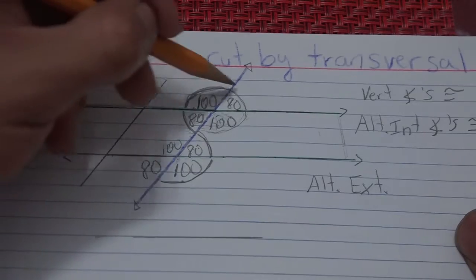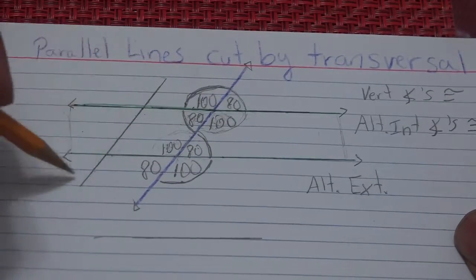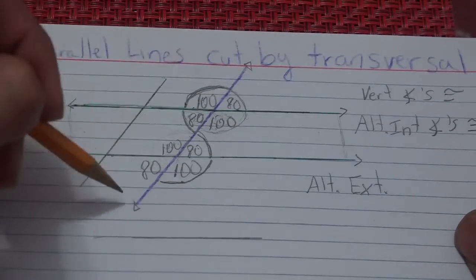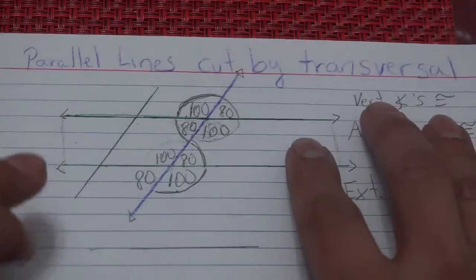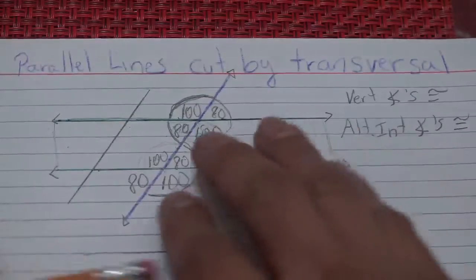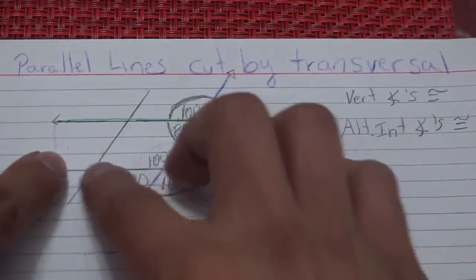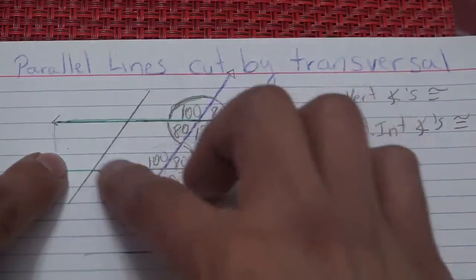Let's say these are parallel lines as well. So if they are parallel lines, then I want you to think of what the shape is. This is what we call a parallelogram.